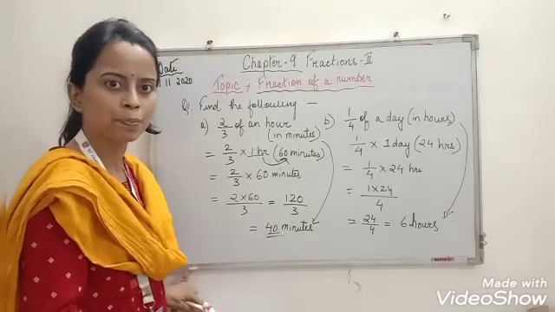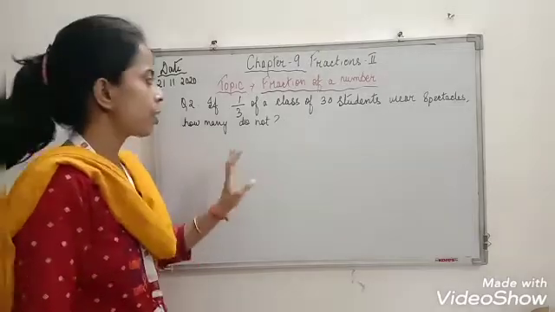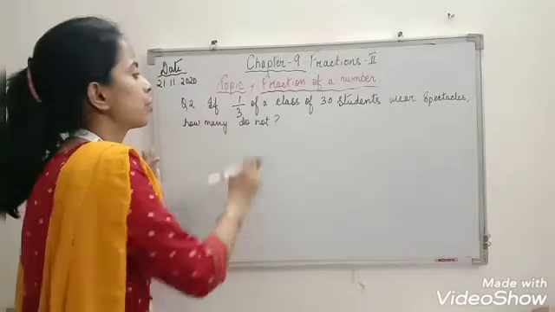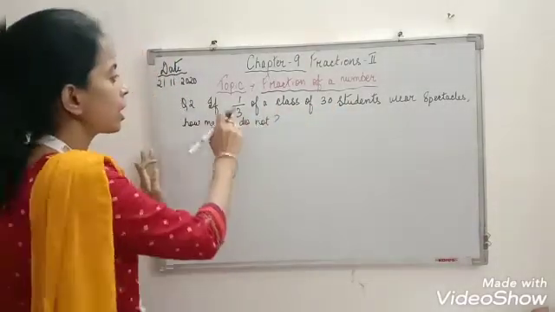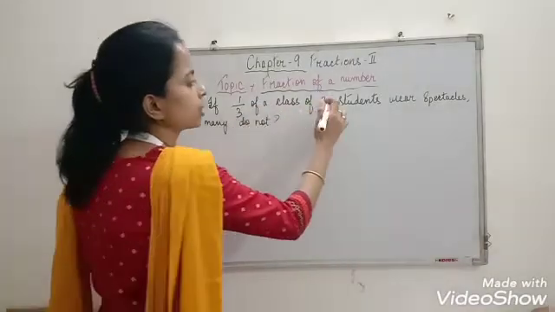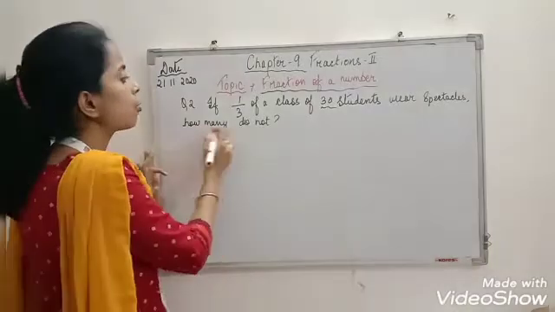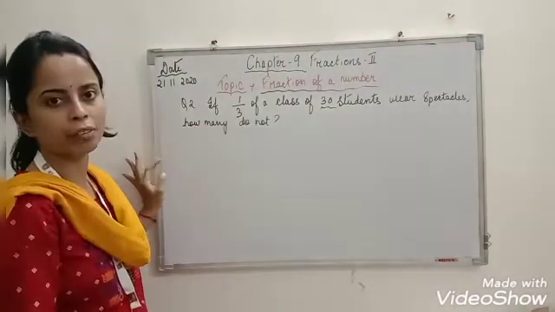Okay? So now, it's a word problem. Alright, so what is given in this question? If 1/3 of a class of 30 students wear spectacles, how many do not? What do you have to find out here, children?